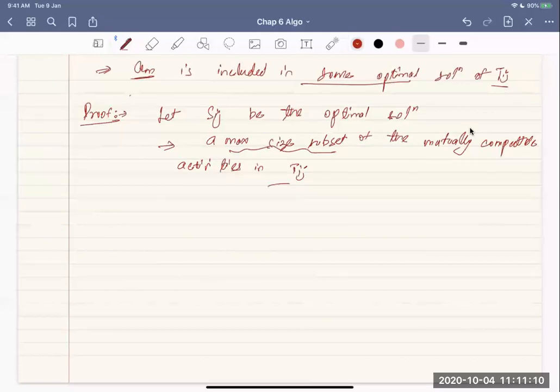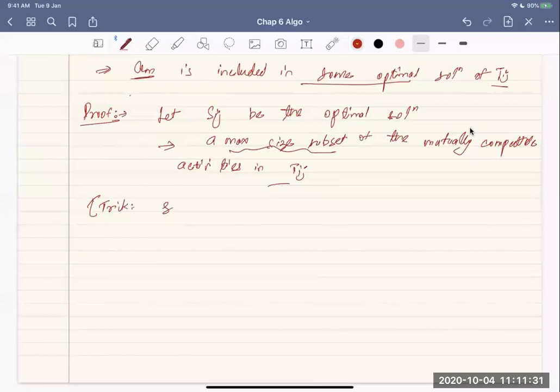So now, see, first we try to assume an optimal solution, and then we show that, okay, this is same as greedy, or you can convert it to greedy, and that will still keep on behaving like an optimal solution. So this is the trick.